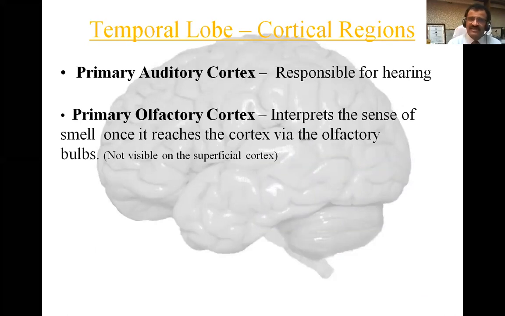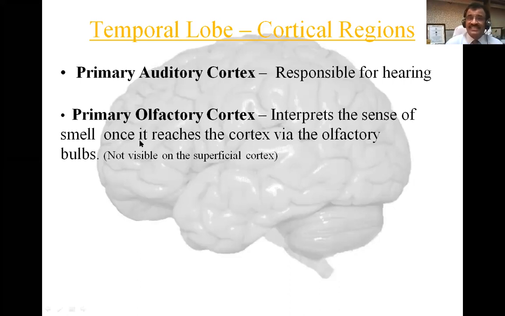So we saw that the gustatory area is located on the parietal lobe, the visual area is located on the occipital lobe, and the remaining 2 are located on the temporal lobe, that is auditory and olfactory. Auditory is responsible for hearing, and olfactory is for the sense of smell. You saw the olfactory bulb just below the frontal lobe, but it comes to the temporal lobe. So the primary olfactory cortex is located on the temporal lobe.